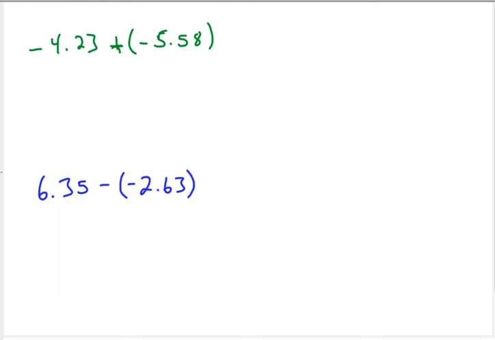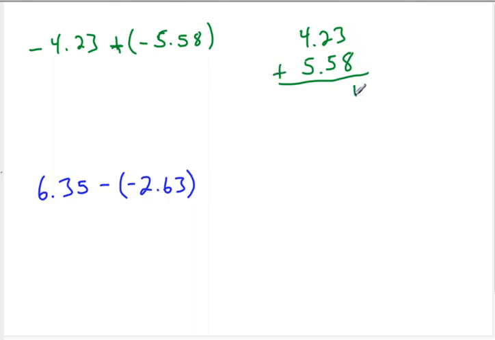Alright, let's try some decimals here. This is going to be more similar to integers. So it's negative plus negative. So we're just going to add them and the answer is going to be negative. Don't forget when you are adding or subtracting decimals, the most important thing is lining up the decimal. So always make sure the decimal's lined up.